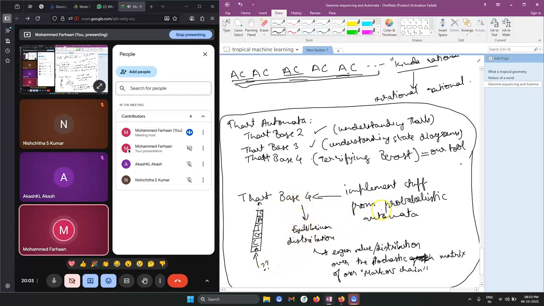Another thing I don't know how to do is to code this and implement stuff from probabilistic automata. The coding part, either I will learn or I will ask someone to do it. Once that is done, we'll figure out where to get our data, and then we will probably read papers on probabilistic automata.